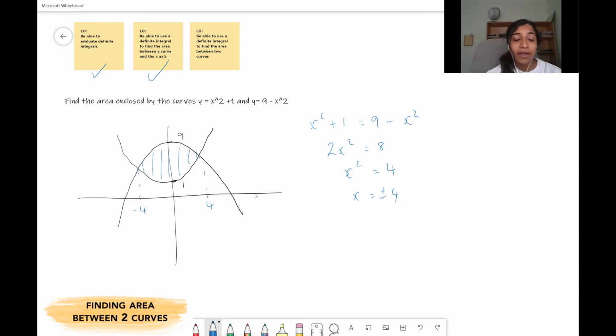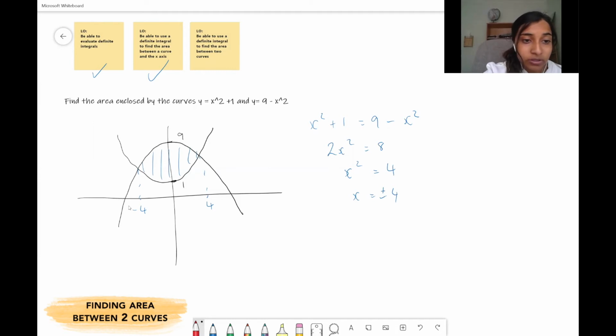So now that we know this, we can figure out how we could use integration of the two curves to find this common area. So if you think about it, if we were to integrate, let's start with our y equals 9 minus x squared curve between 2 and minus 2, we'd get the whole area between the curve and the x-axis between 2 and minus 2.